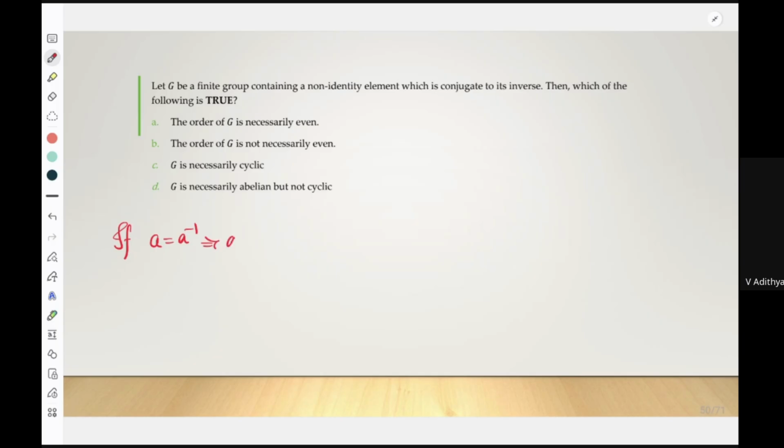This implies A square is identity. Order of A divides 2 and we'll get order of A is 2 since A is non-identity. So if your group has an element of order 2, then you will definitely have a non-identity element which is conjugate to its inverse.